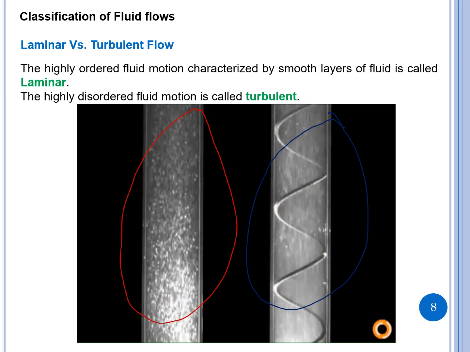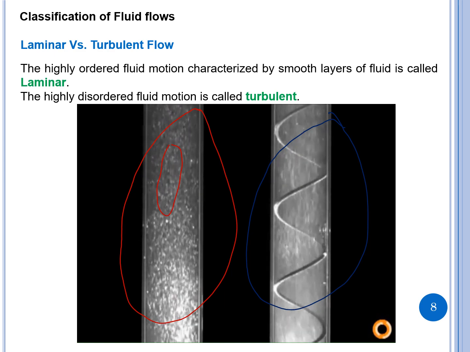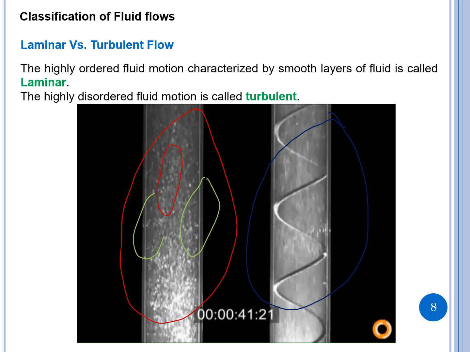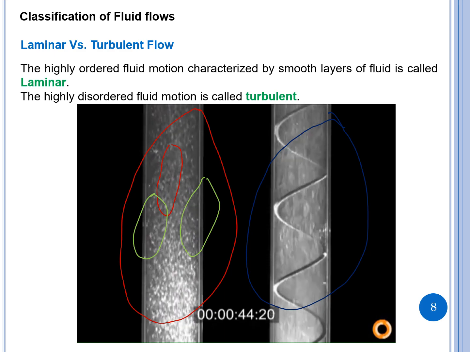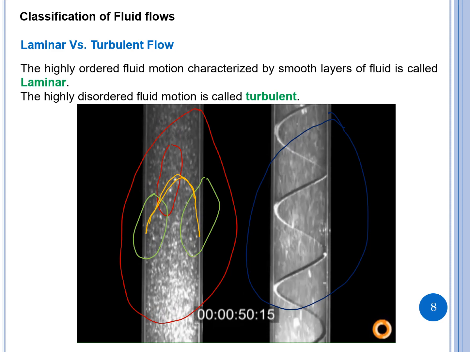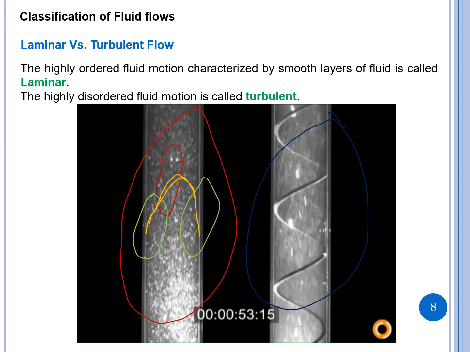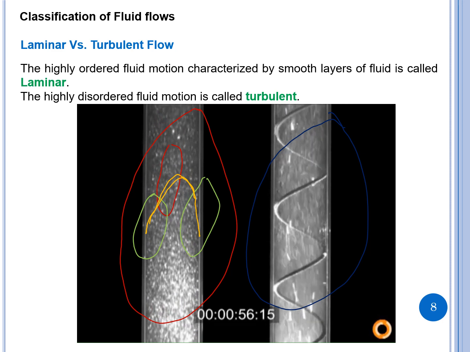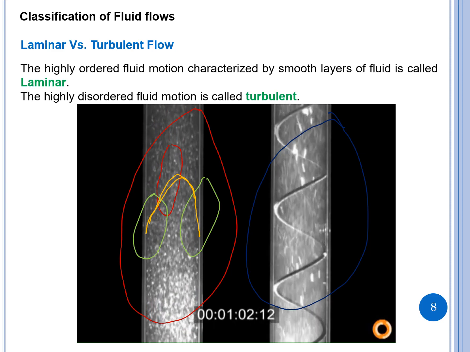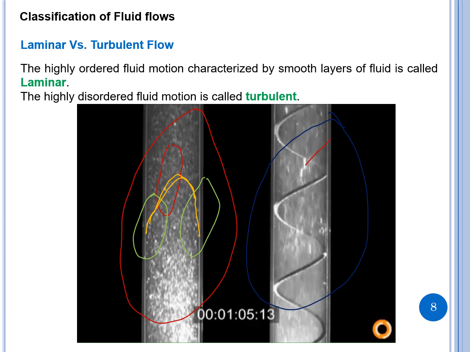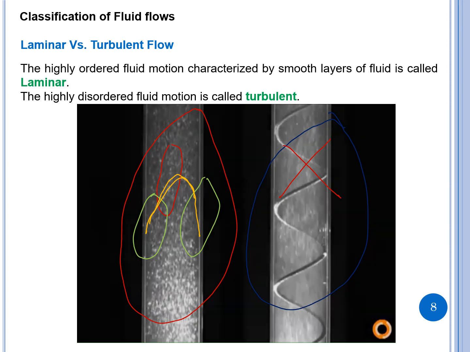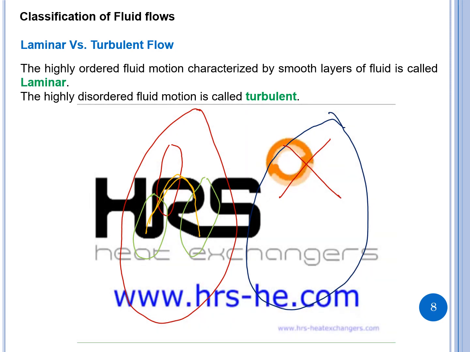Now also look here in the center: it has a higher velocity as compared to the edges where there is a lower velocity. So it is going to have a velocity profile like this: maximum in the middle, almost zero at the interface. For the turbulent flow, there is no velocity profile, so generally we treat it as uniform velocity.